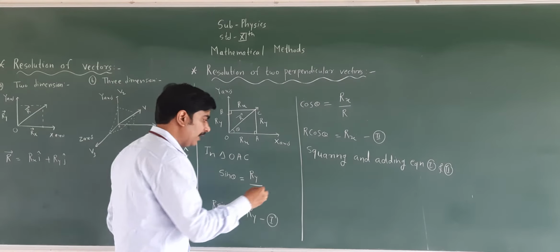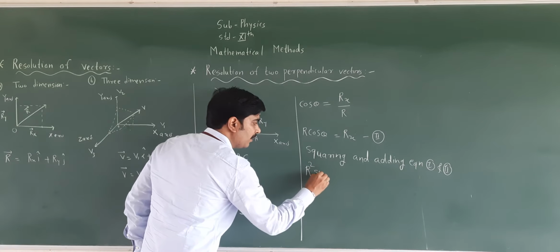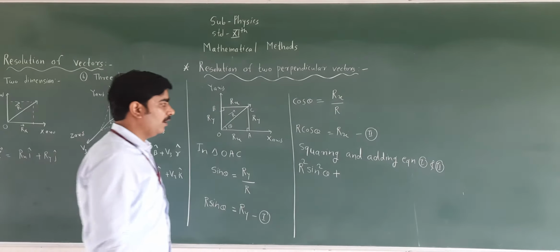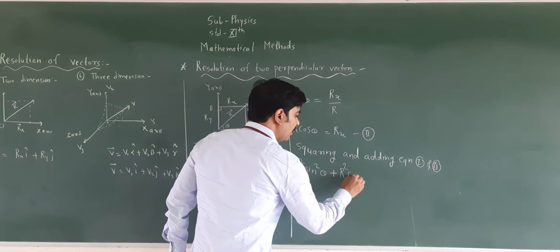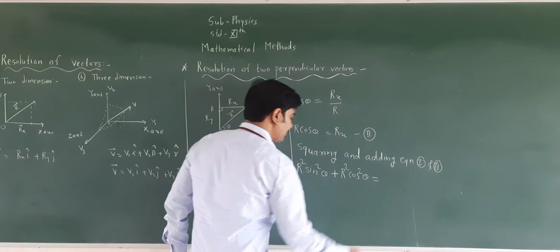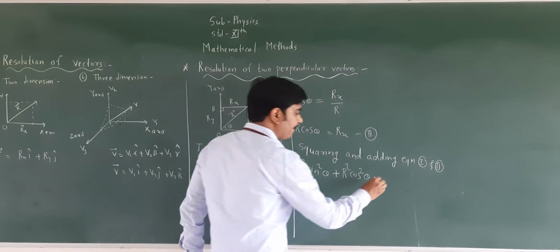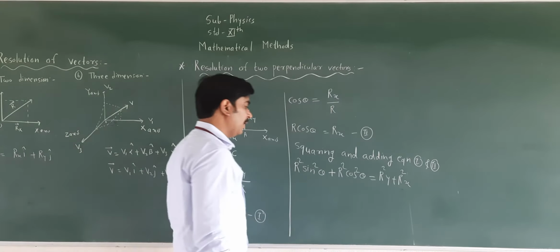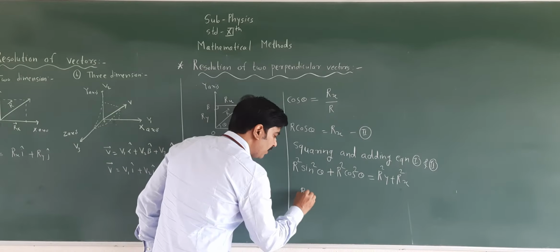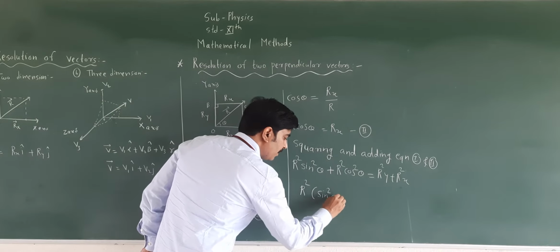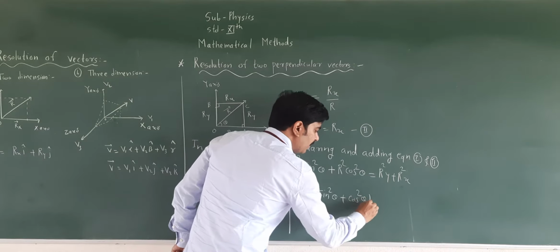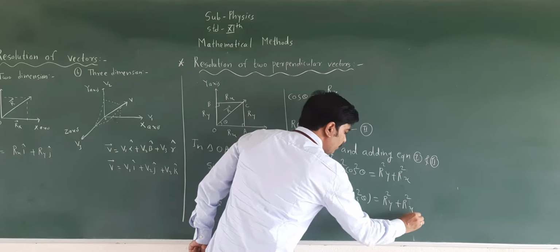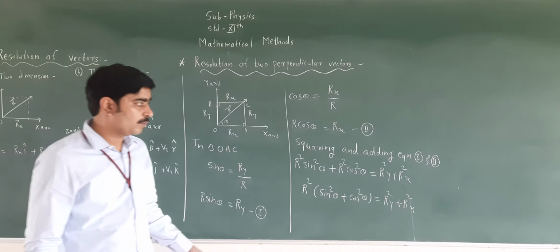What is the square of equation number 1? r square sin square theta, plus what is the square of equation 2? r square cos square theta is equal to r square y plus r square x. Now take r square as common. r square into sin square theta plus cos square theta is equal to r square y plus r square x.